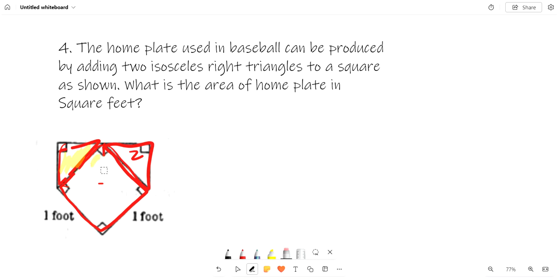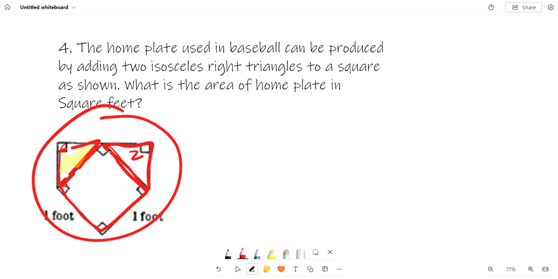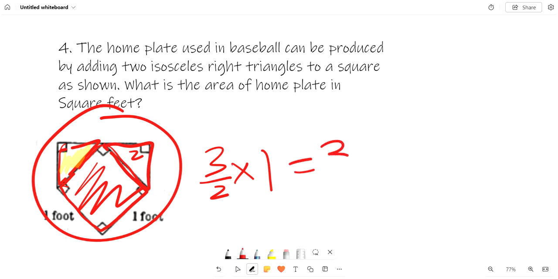So now we can use this and figure out that this whole figure is actually just 3/2 times the square. The square is obviously 1 foot, so 1 foot squared. So all I have to do is 3/2 times 1 equals 3/2, or 1.5, which is the answer.